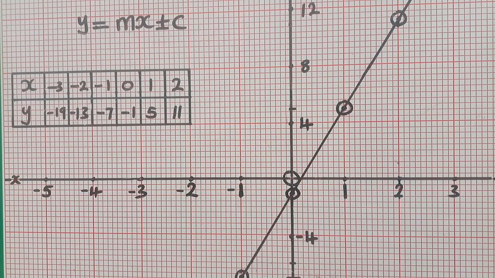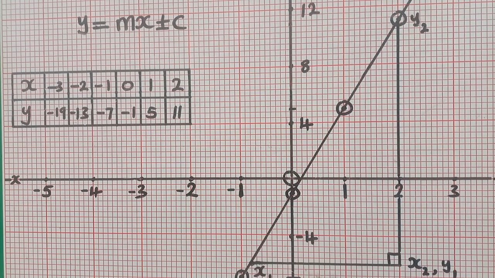Let's see. As usual, to find the slope, we draw a right-angled triangle as the one you can see on the screen. See it here. This is a right-angled triangle. And when we have done this, the next thing we do is to follow the procedure for finding slope. What is the procedure? It is by means of a formula.